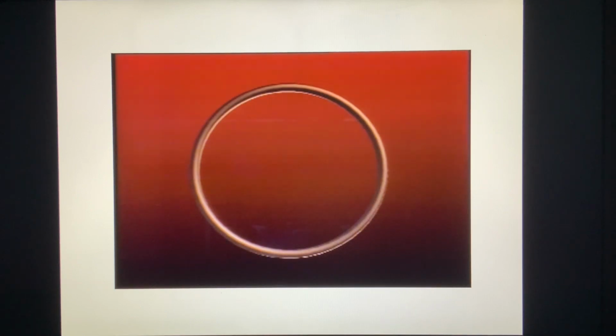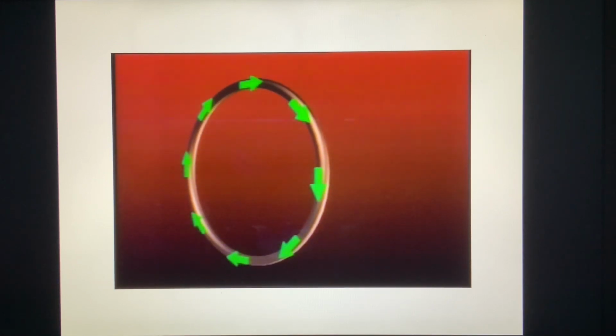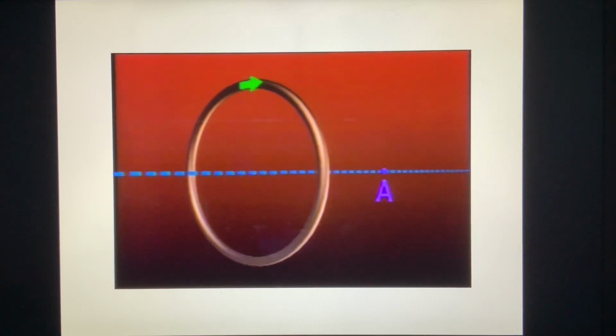This animation shows a single loop of wire carrying a current in the direction shown by the arrows. We'll use the law of Biot-Savart to determine the direction of the resulting magnetic field along the axis of the loop. To find the magnetic field at point A, we first divide the wire into small sections, each carrying the same current.